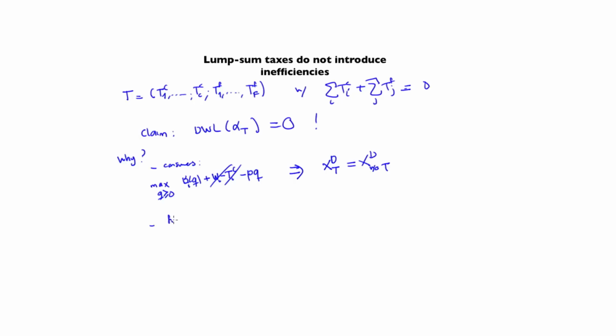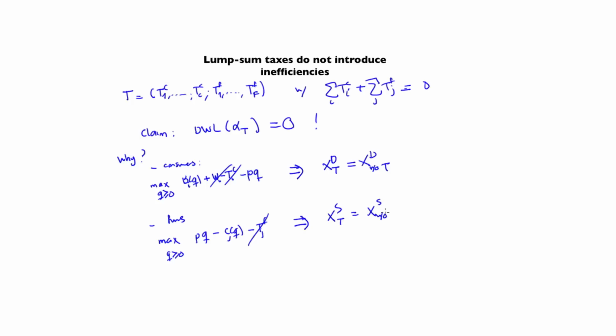Now let's look at firms. They want to maximize over Q greater than or equal to 0 the revenue minus their cost minus this tax that they have to pay. Let's say this is firm j. Again, this is a constant. It doesn't affect the maximization problem of the firm, and therefore the supply curve also remains unchanged.